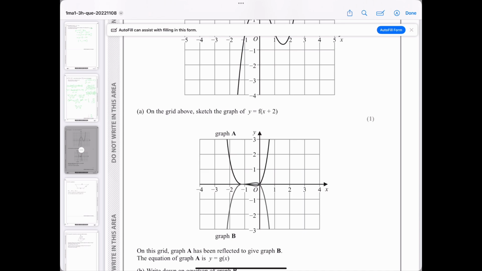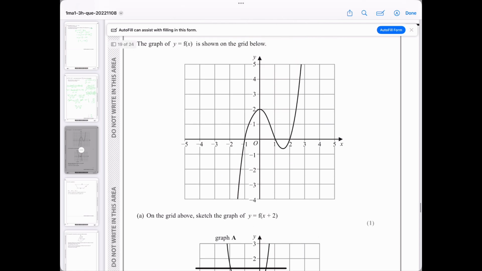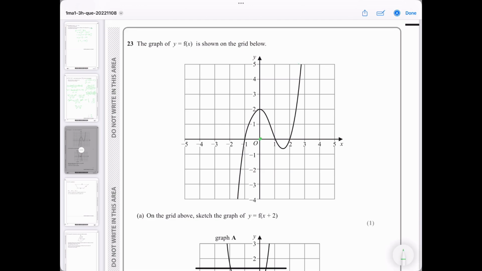On the grid above, sketch the graph of y equals f of x plus 2. Okay, that just means move everything 2 spaces this way. So it goes through there. It goes somewhere up there. That would be there.